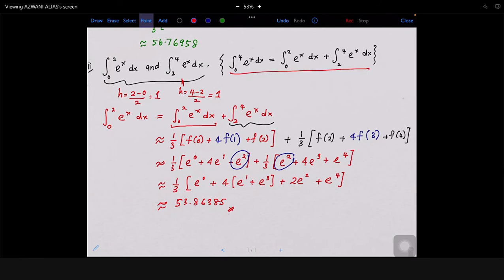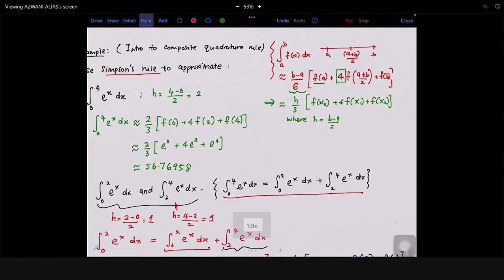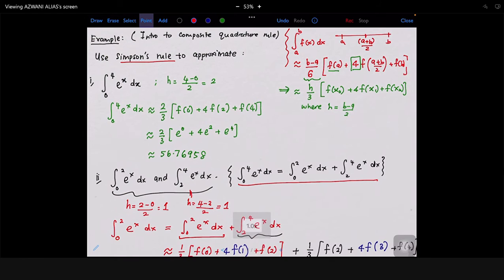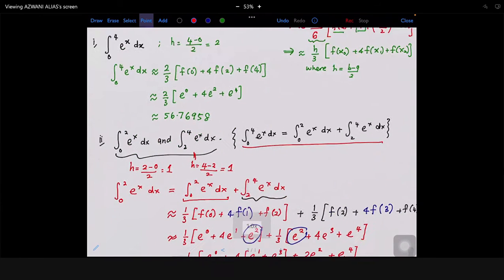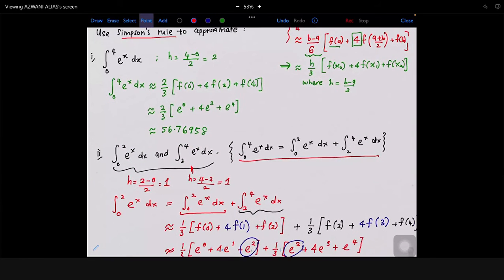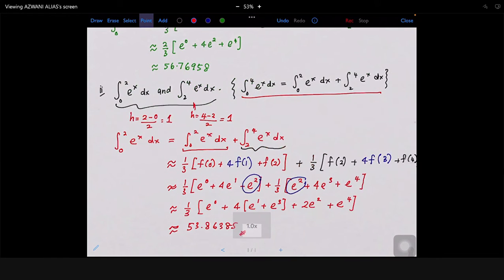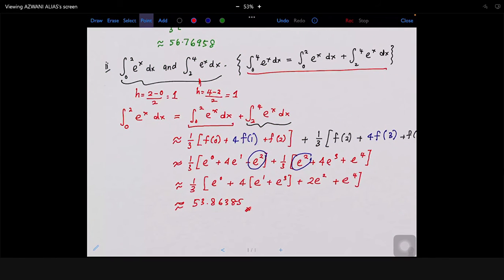So kalau kita tengok, alright. So this is maksudnya macam mana? Maksudnya untuk case soalan nombor 2 ni dia pecahkan kepada 2 sub-interval lah. Soalan pertama ni tak ada pecahan apa-apa, terus guna. So kalau kita compare dengan exact solution, so kita try find the exact solution here.